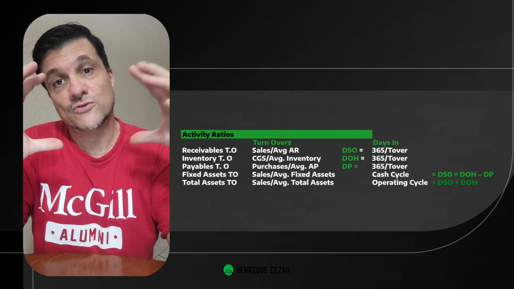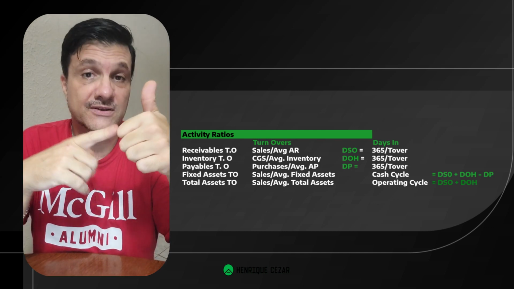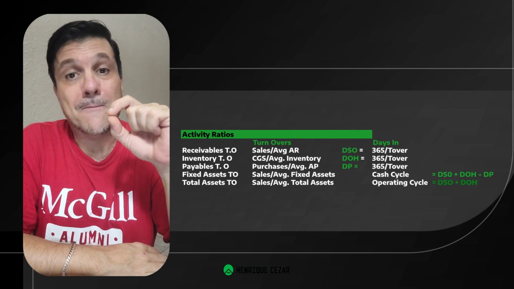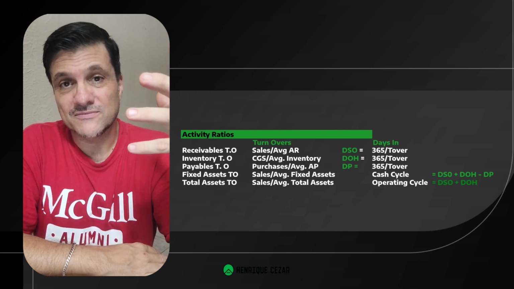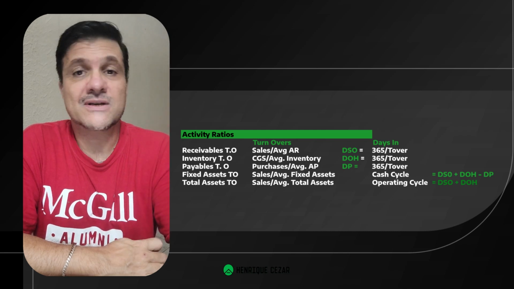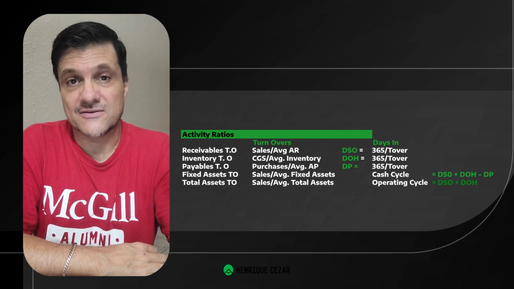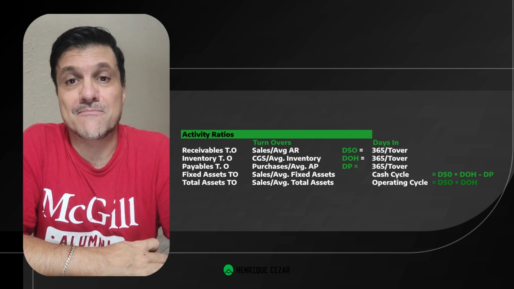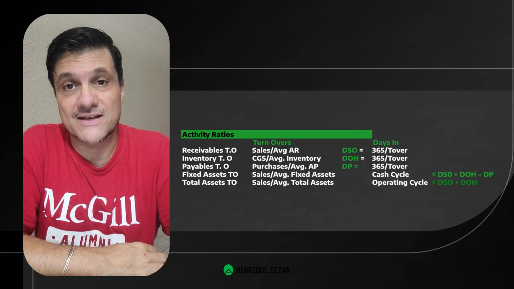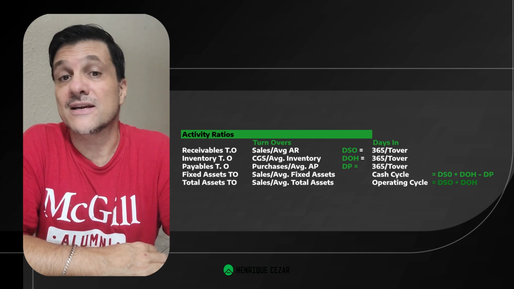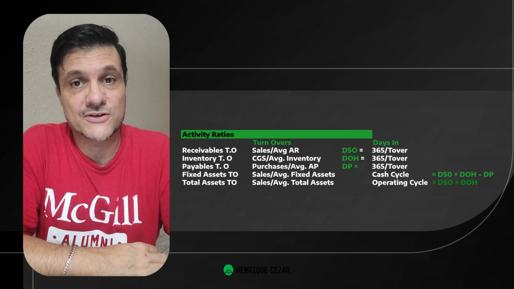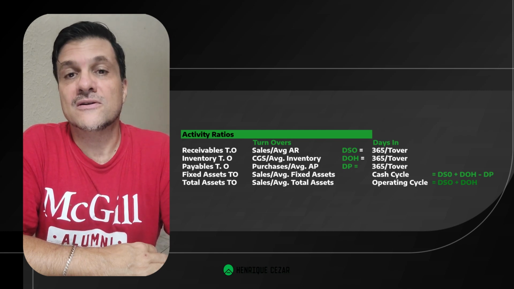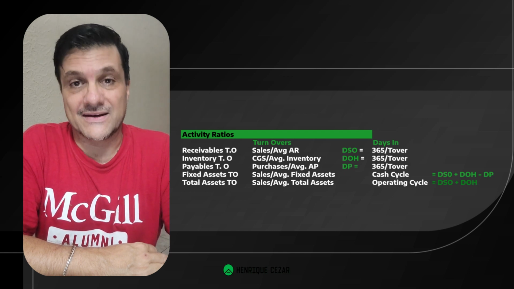Imagine if I put all those three together. 1 day for turning around one inventory. 1 day to get paid. 2 minus 365 payable equals a negative 363 cash cycle. Is that good or bad? Excellent. A negative cash cycle is amazing. A negative cash cycle is excellent. A negative cash cycle is what you want. You want to get paid first from your customers, and then, much later, you want to pay the suppliers.